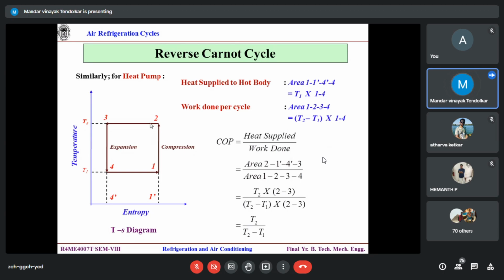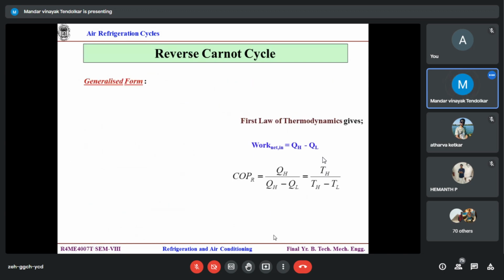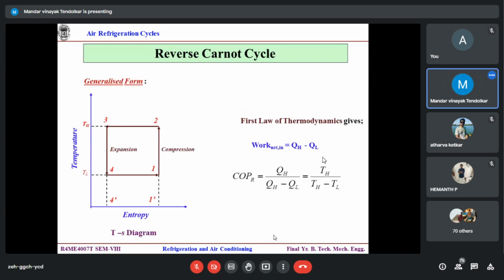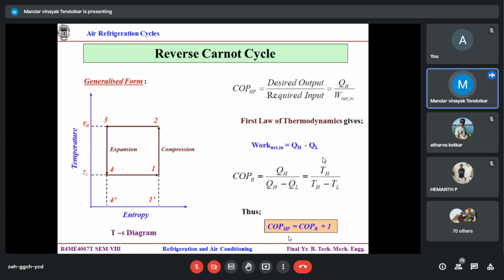Over here, it would be T2, means T high. So it would be TH divided by TH minus TL. And as such, we know the interrelation between them, that COP of a heat pump equals COP of a refrigerator plus 1.